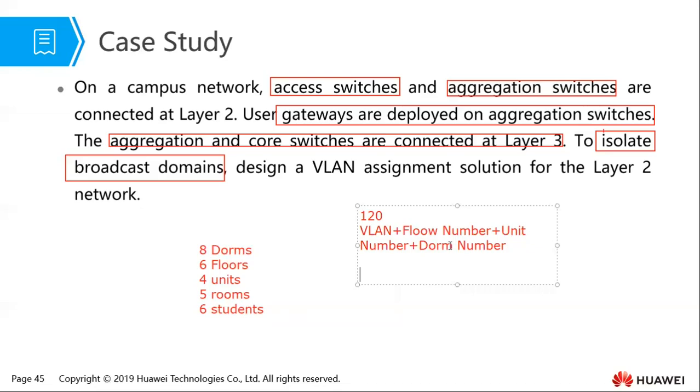For example, if we have 8 DOMs and we are creating a VLAN for DOM 2, then it will start with a 2, and we are creating for the 4th floor.